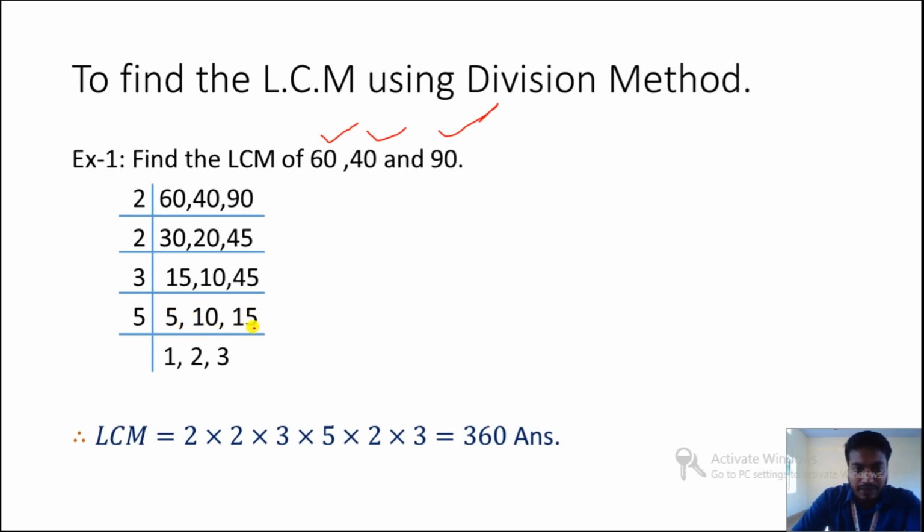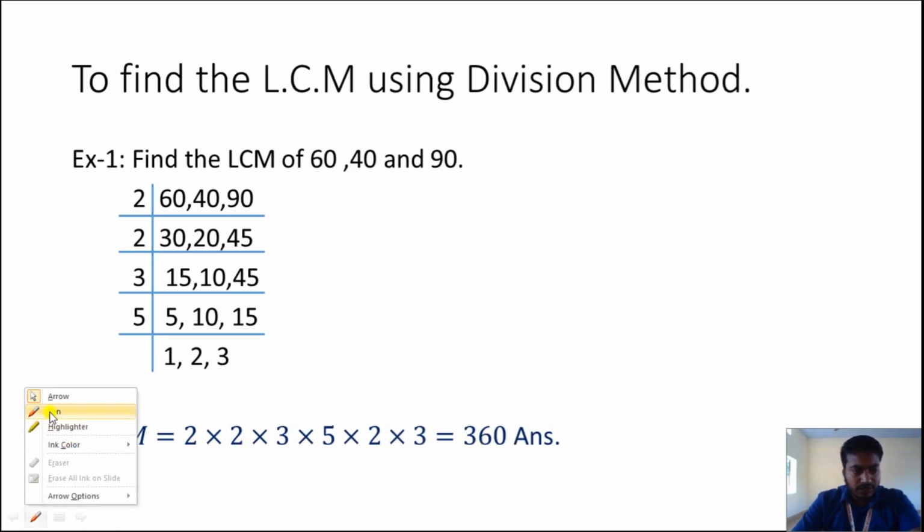Only 15 we can divide by 3, but according to the rule at least 2 should be divisible. So now we will divide by 5, and we'll get 1, 2 and 3. Okay, so therefore the LCM equals 2 into 2 into 3 into 5 into 2 into 3. When we multiply we'll get 360.